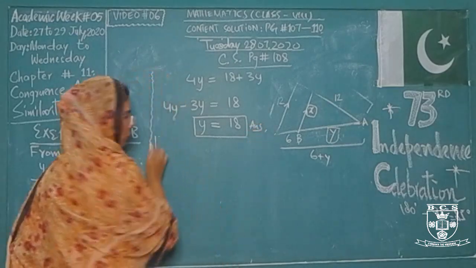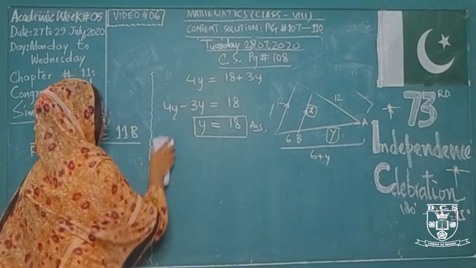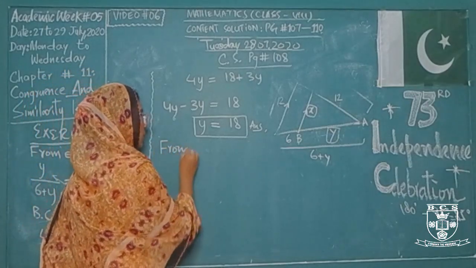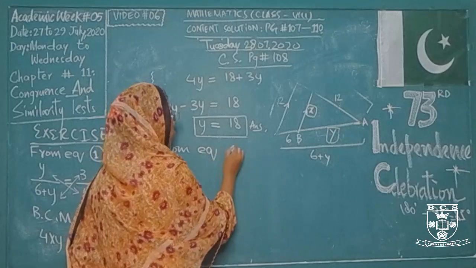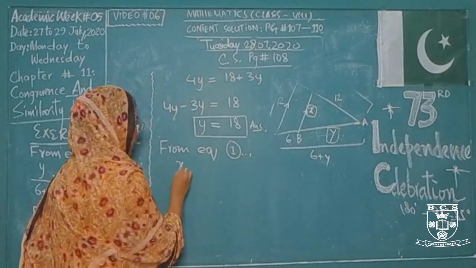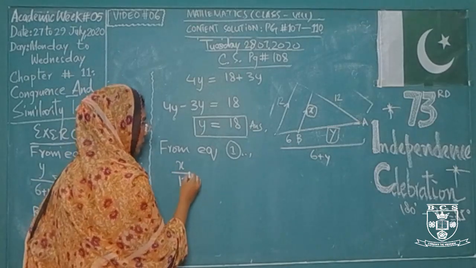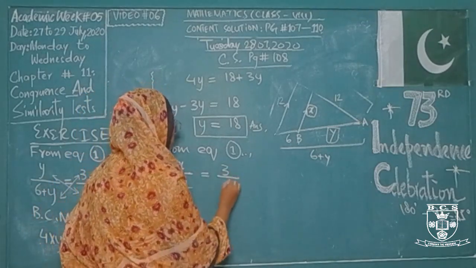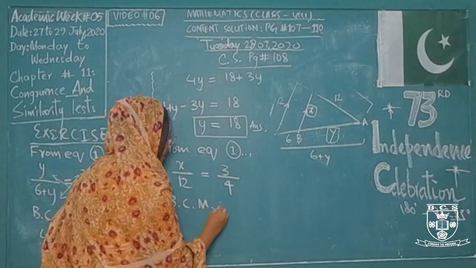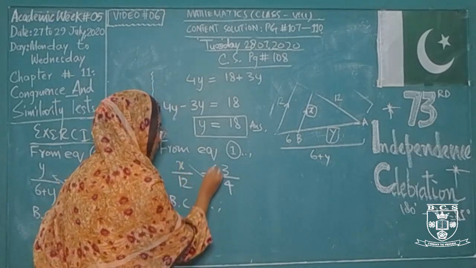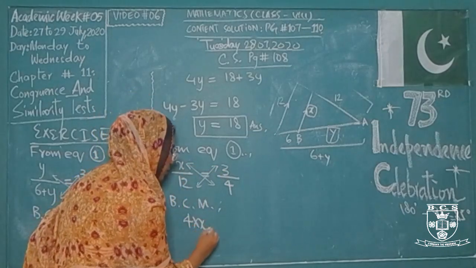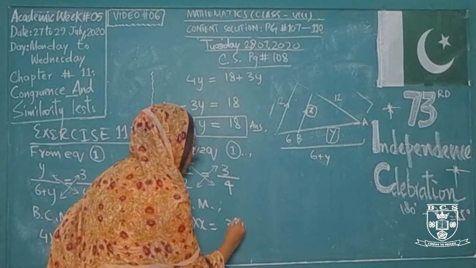Now we are working for the x. Again for the x, we will mention the same statement from equation 1. So according to equation 1, x over 12 is 3 over 4. Again we are applying cross multiplication. So by cross multiplication, 4 into x is equal to 3 into 12.